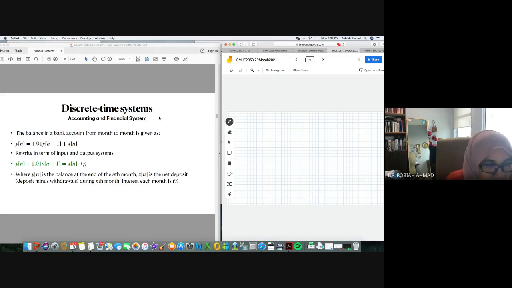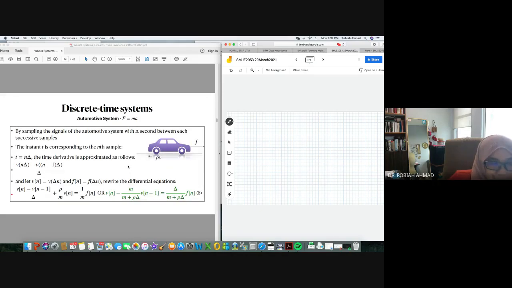In this case, the interest rate is about 1%, therefore we have 1.01 here, 1 plus the interest rate, 1.01 y[n-1]. So it is given in terms of numbers instead of time just now. In continuous, we have t.